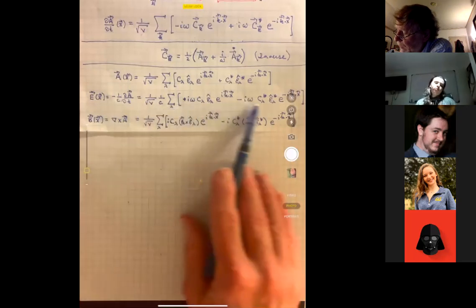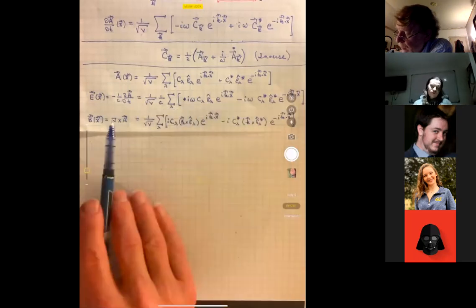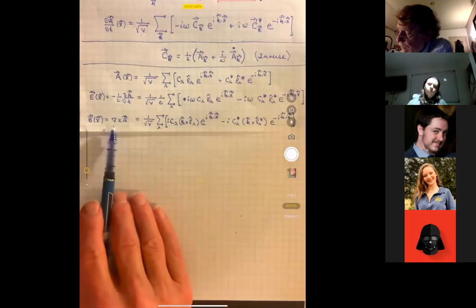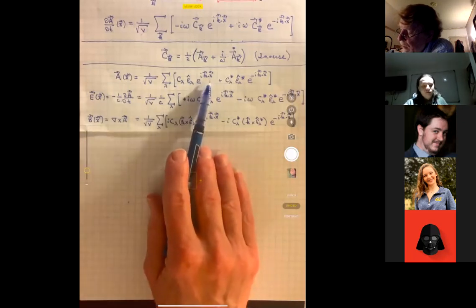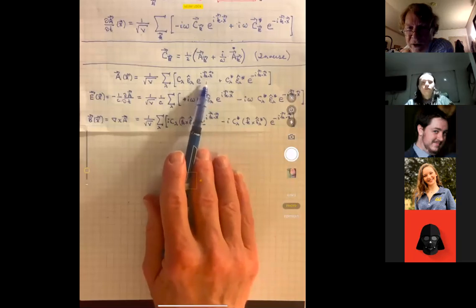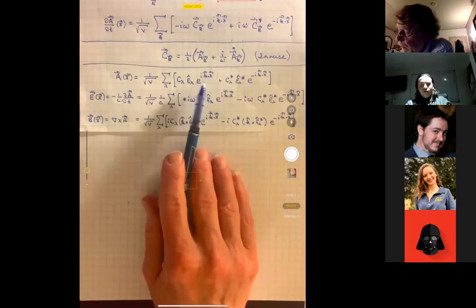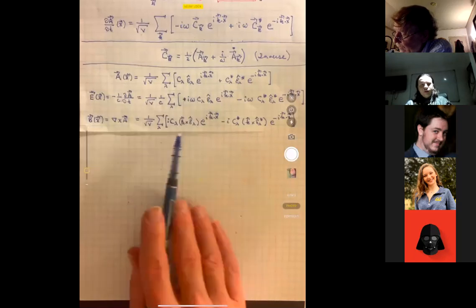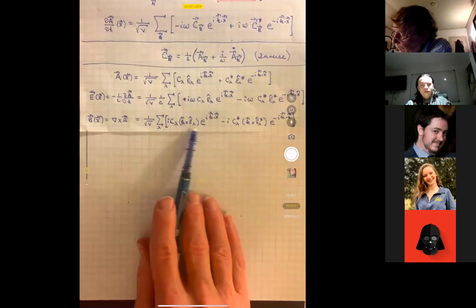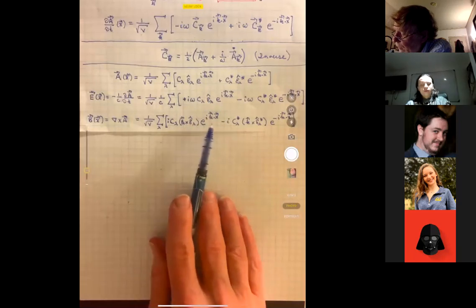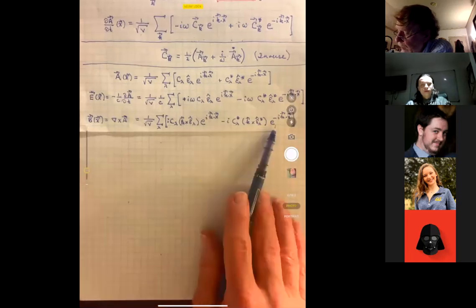Also, if I take the curl of A, I get a Fourier series for the magnetic field. The curl only involves the del cross, which just brings down ik cross from the phase factor. The ik cross gets multiplied on the polarization vector. And so I get this Fourier series: iC_λ and then k cross the polarization vector, and then the plane wave and its complex conjugate.